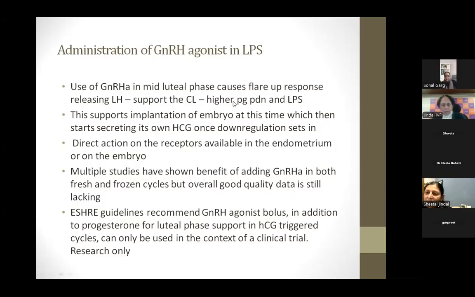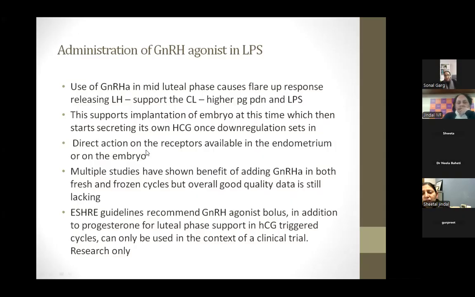This can increase progesterone production and give better luteal phase support. It supports implantation of the embryo, and before the down regulation sets in, if implantation has occurred, the embryo will start secreting its own HCG, which can further help in progesterone production.